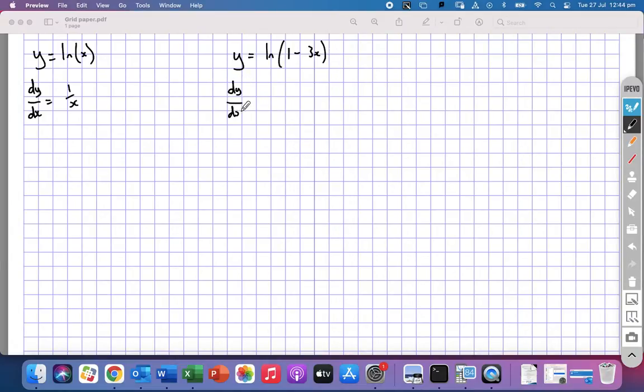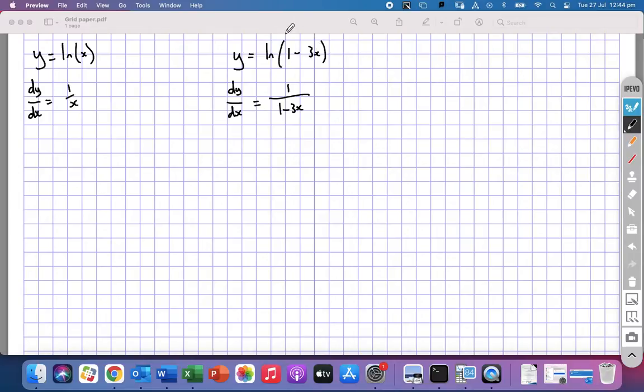So the procedure is take what you log in, and do 1 divided by that, i.e. 1 divided by 1 minus 3x. So whatever you log in, do this step, then treat it like a chain rule.